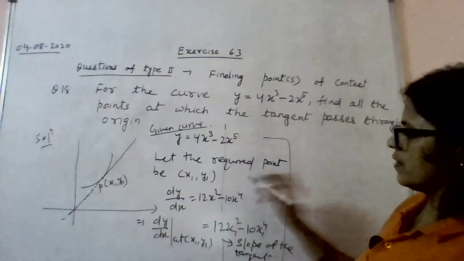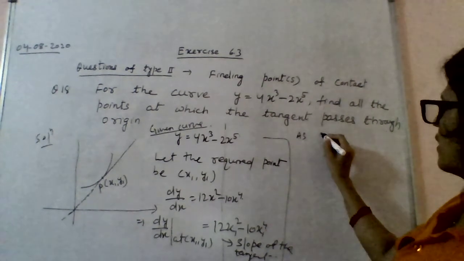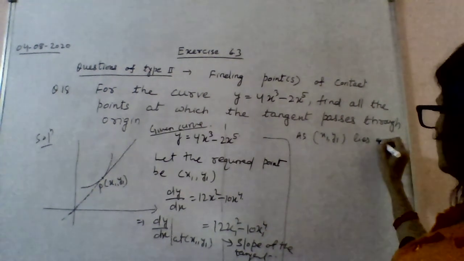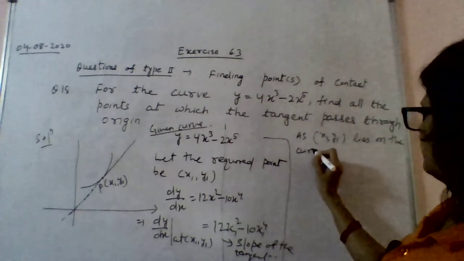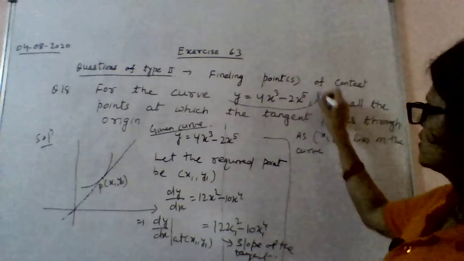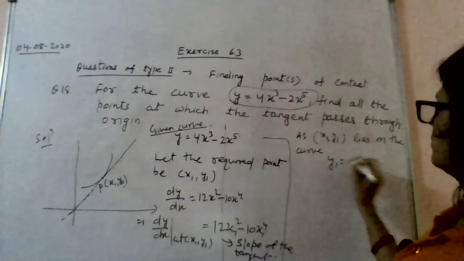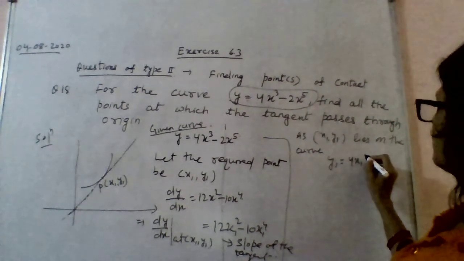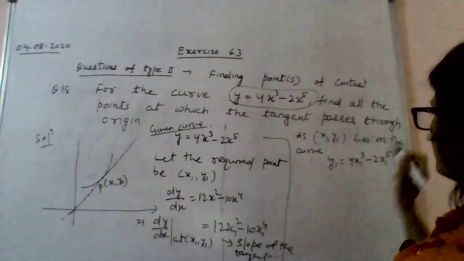Because x1, y1 lies on the curve, it will satisfy the equation of the curve. This is the equation of the curve. So y1 equals 4x1 power 3 minus 2x1 power 5.